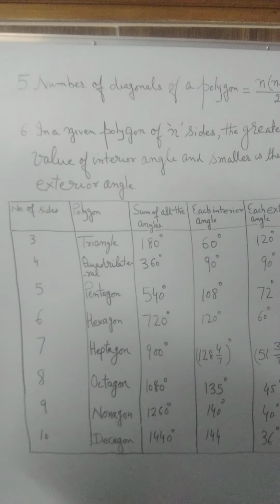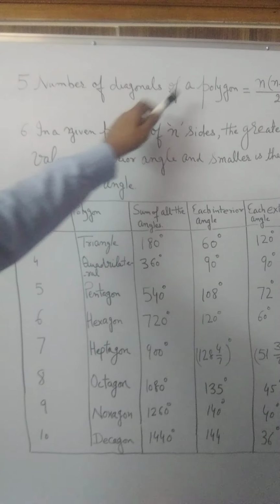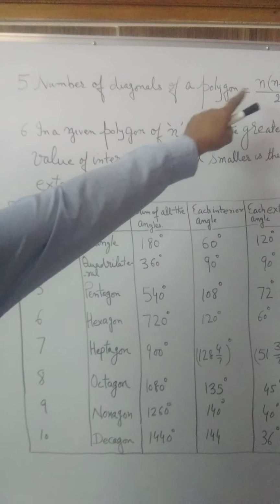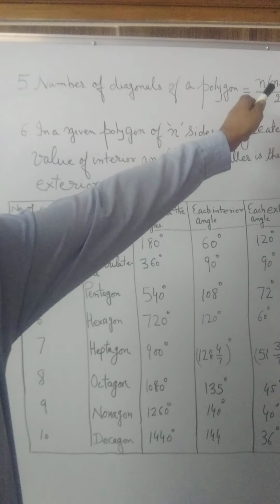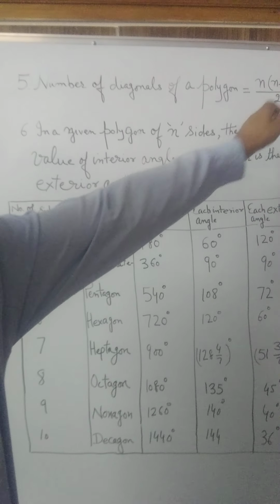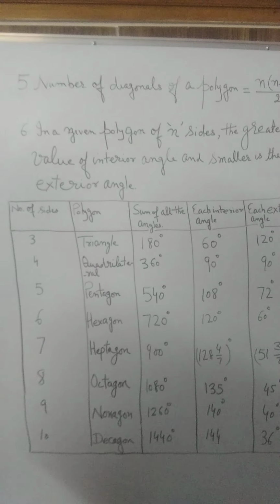Now come to property number 5 of polygons. The number of diagonals of a polygon is equal to n, in brackets n minus 1, divided by 2, minus n.